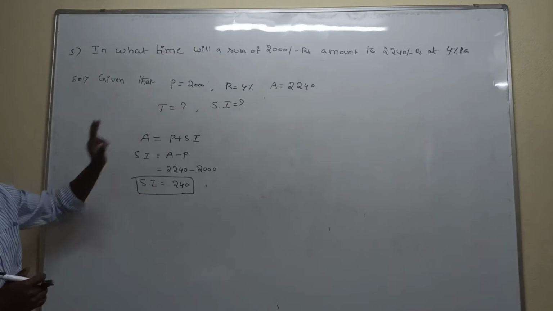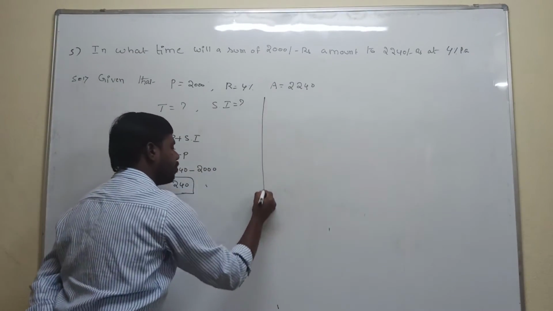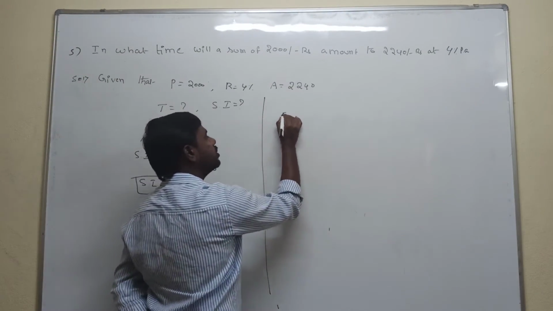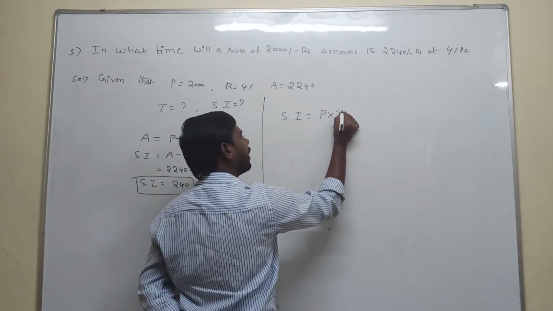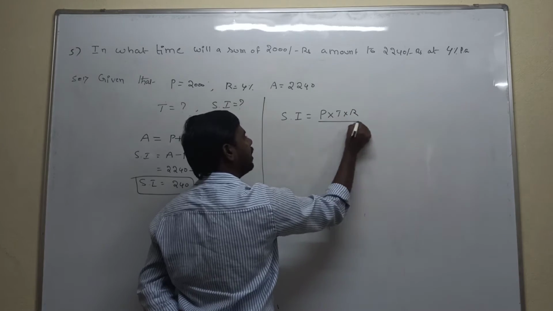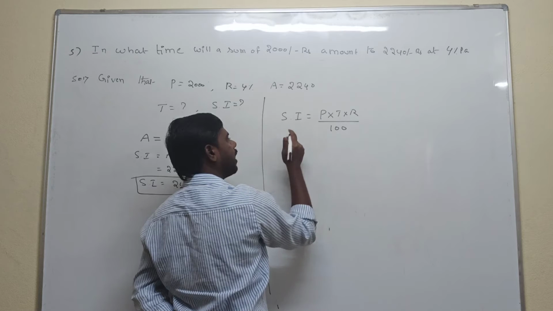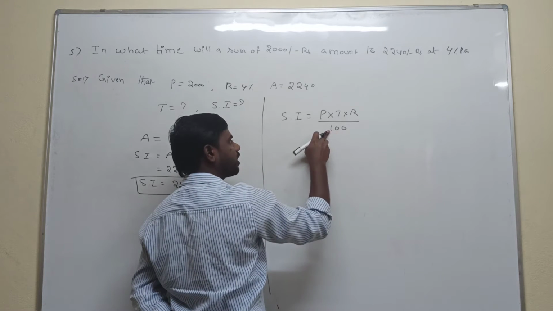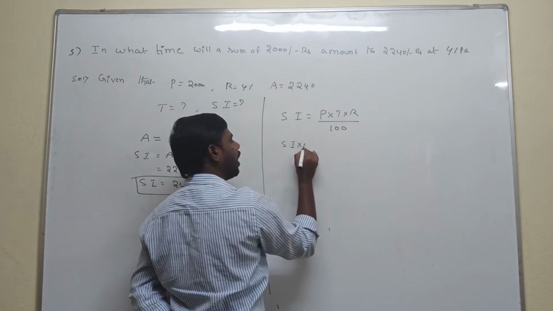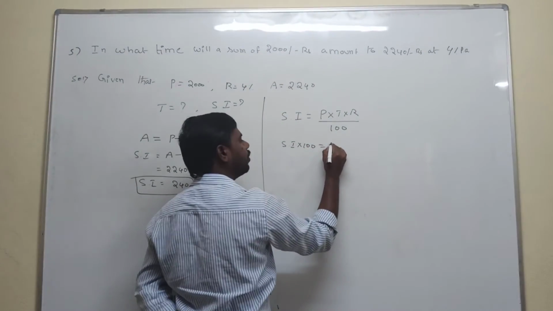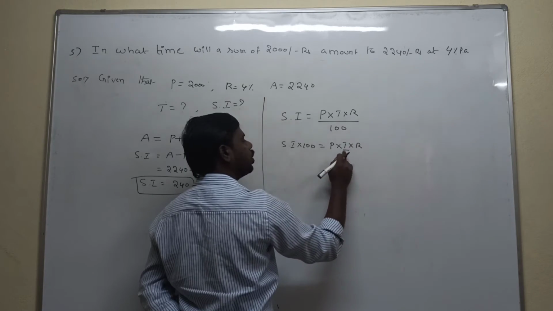Next we need to calculate time. That's why we apply the simple interest formula here. The simple interest formula is PTR divided by 100. Now 100 cross multiplies with the LHS part. That's why simple interest into 100 is equal to P into T into R. But they are asking to calculate time.